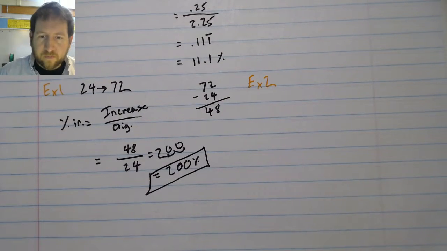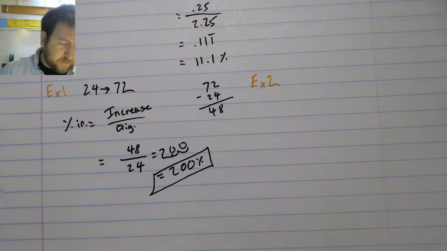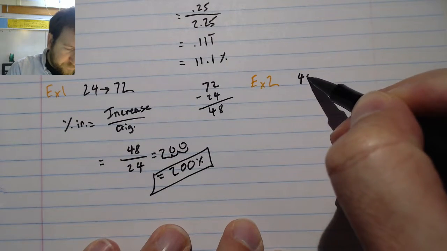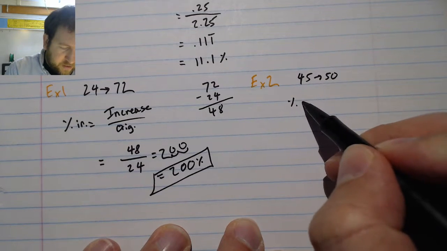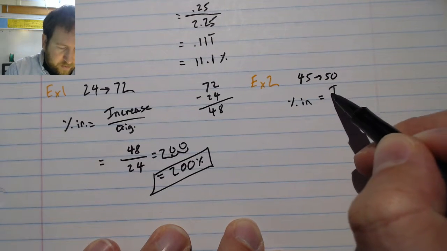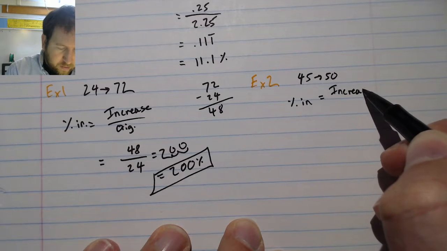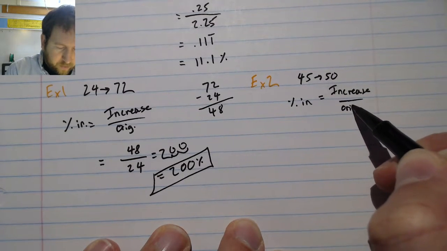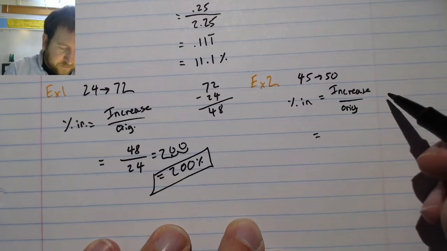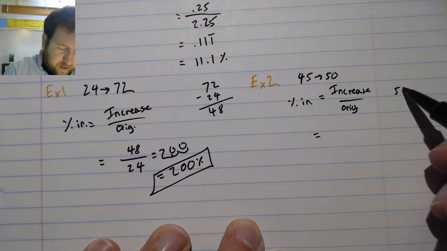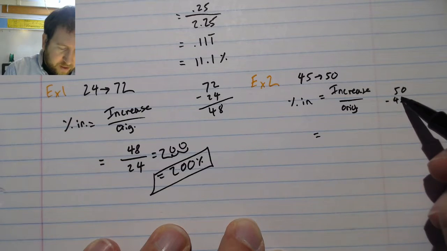Example 2. Go from 45 to 50. Let's see, we've got our percent increase equals increase over original, which means I need the increase from 45 to 50. I can say 50 minus 45.